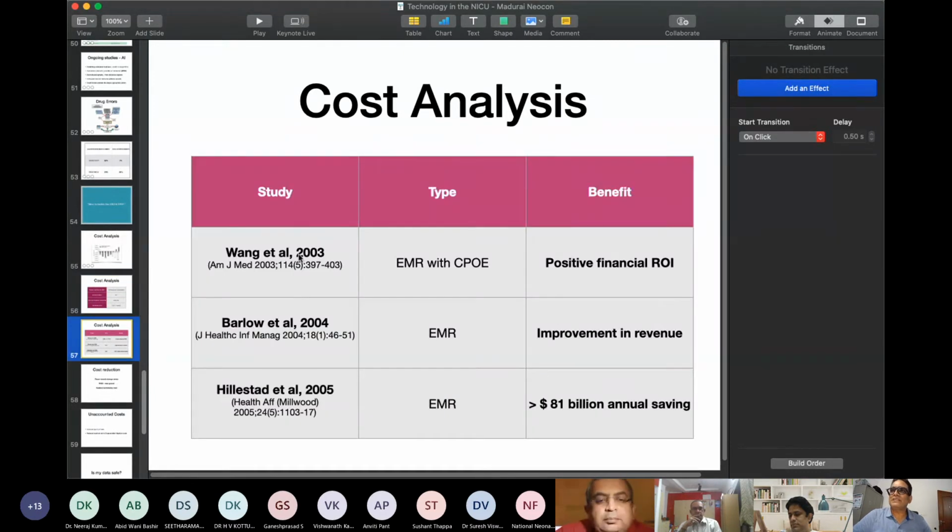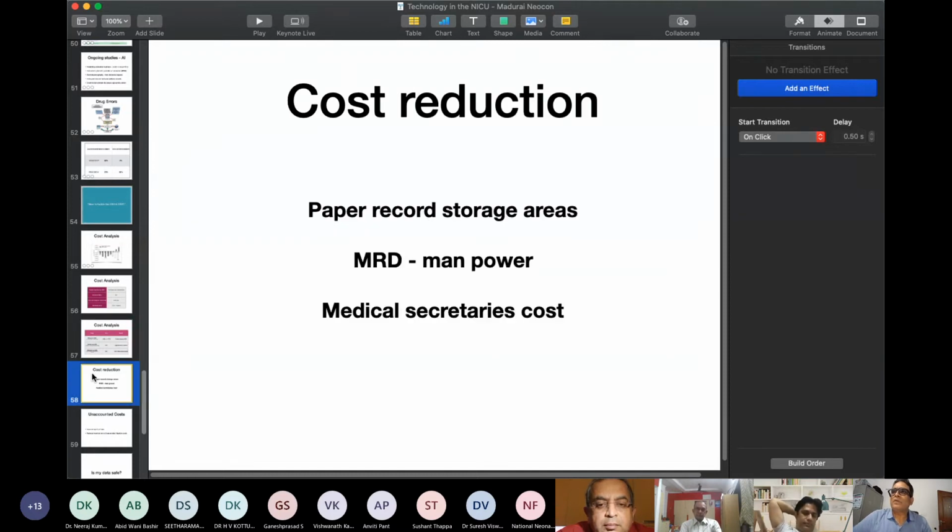And there are other studies as well, Wang et al., Barlow et al., and Hillstead. They found significantly positive financial ROI, improvement in revenue, and 81 billion annual savings after the initial 6 to 7 years of implementation. And not only that, MRD, medical records department, manpower costs and medical secretaries' costs reduce significantly.